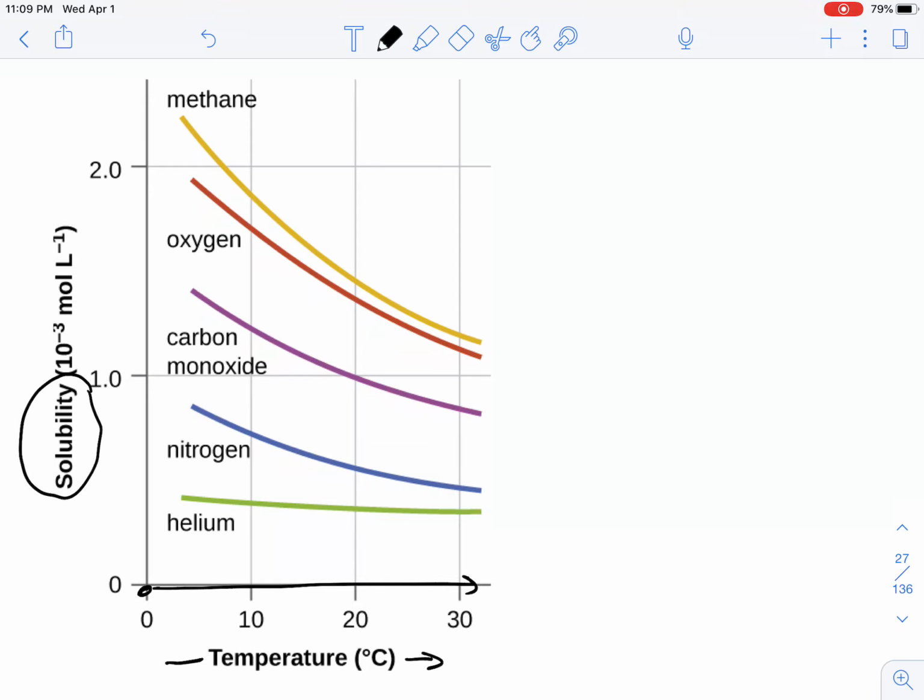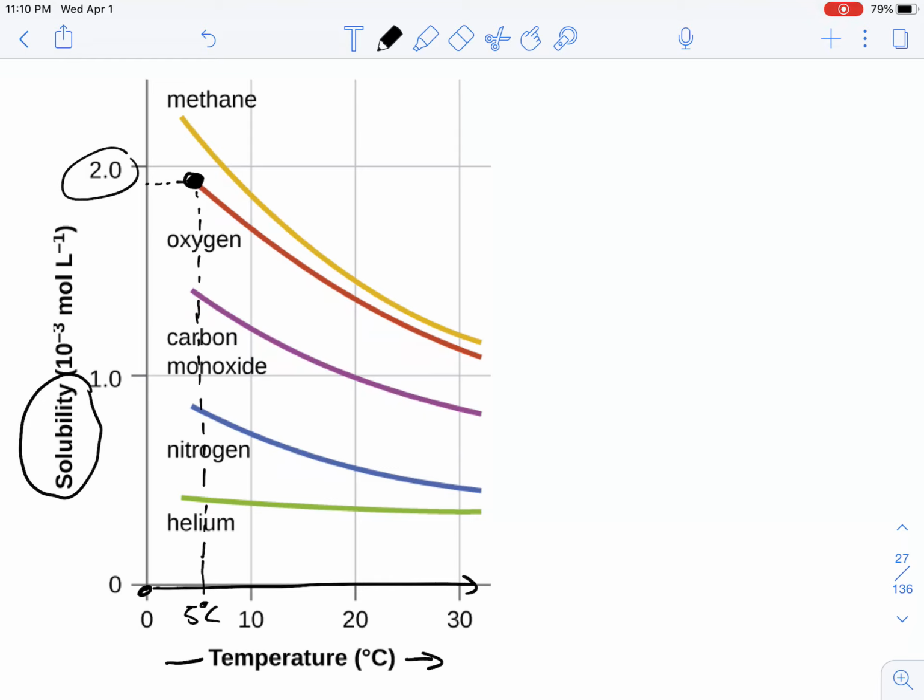If we follow this trend, let's just say oxygen. If you extrapolate that value of x here, we can roughly say that at 5 degrees Celsius, oxygen has a solubility that's close to 2. Okay, maybe like 1.98.